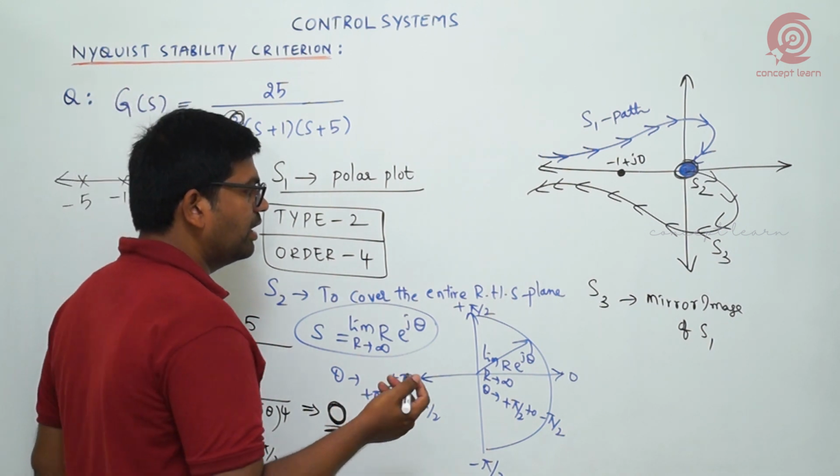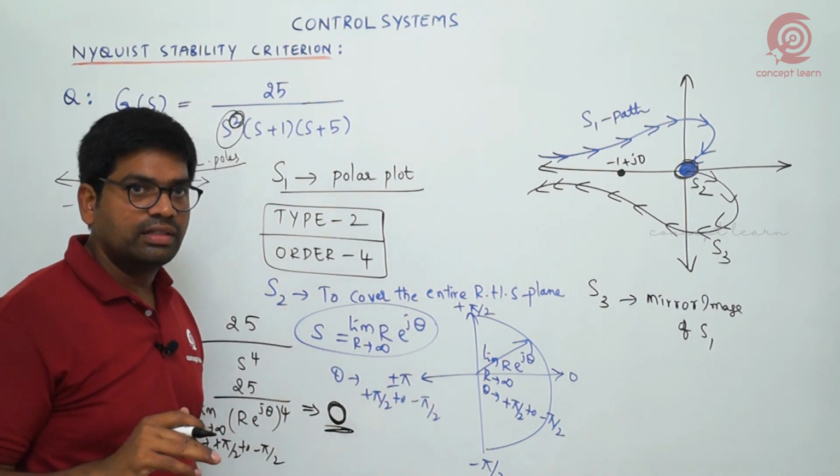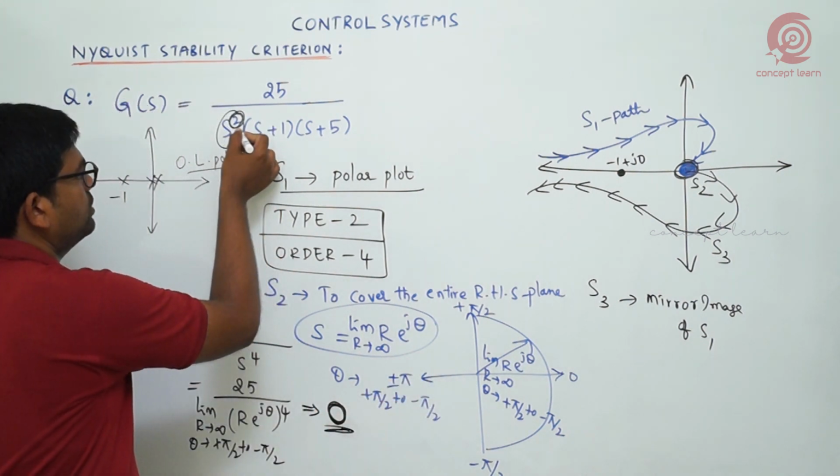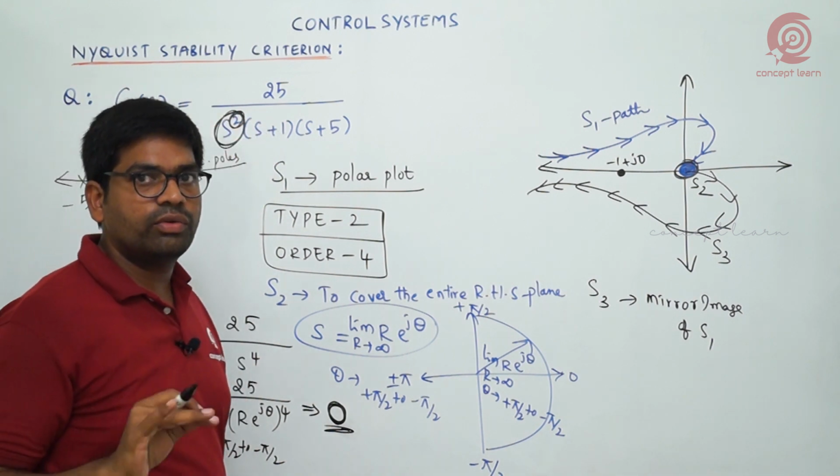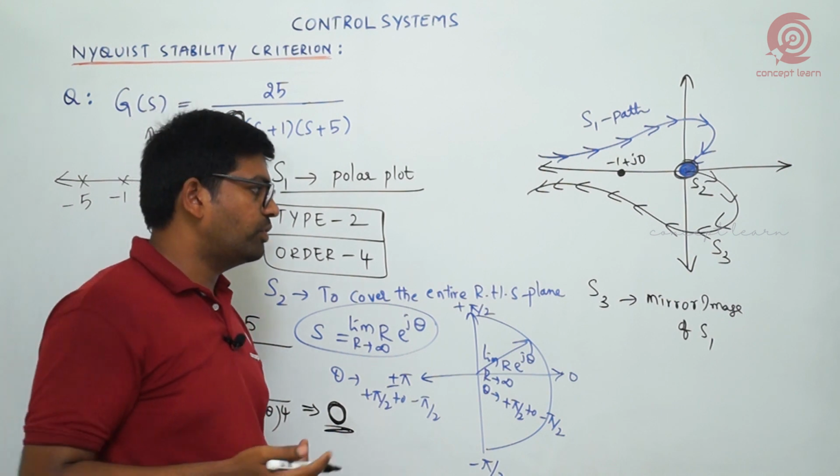That is the reason why S4 did not exist there. But here, two poles are located at the origin, so we need to construct the S4 path.